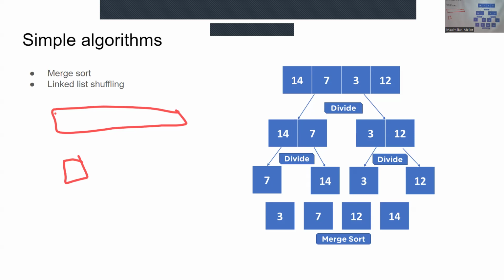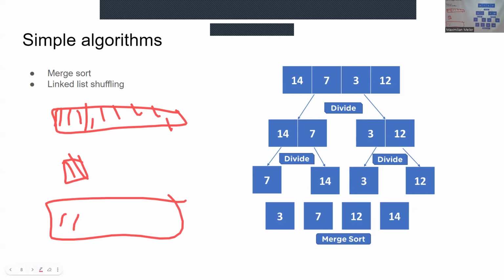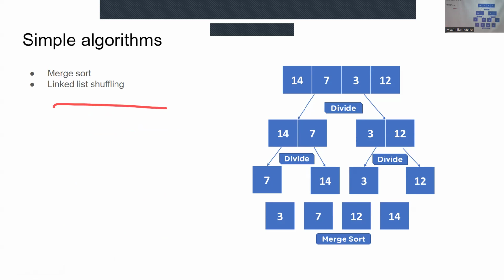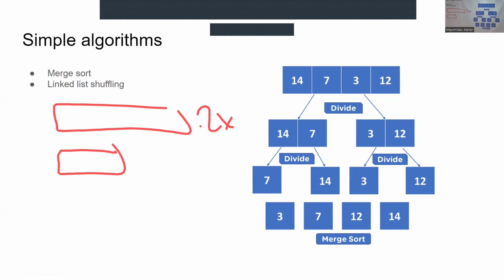Because you might take 2 from here, then 1 from here, then 2 from here, maybe even 3, and then 1 from here, and you would take all of these. So the ones from the small array would be stuck at the start. So what you actually have to do is make the chance you throw it into the results array proportional to the size of the array. So this is a 2 times chance of taking an element from here and a 1 times chance from here.